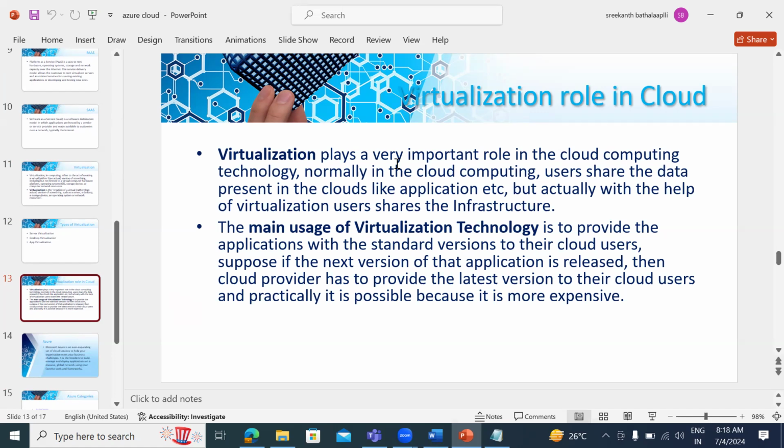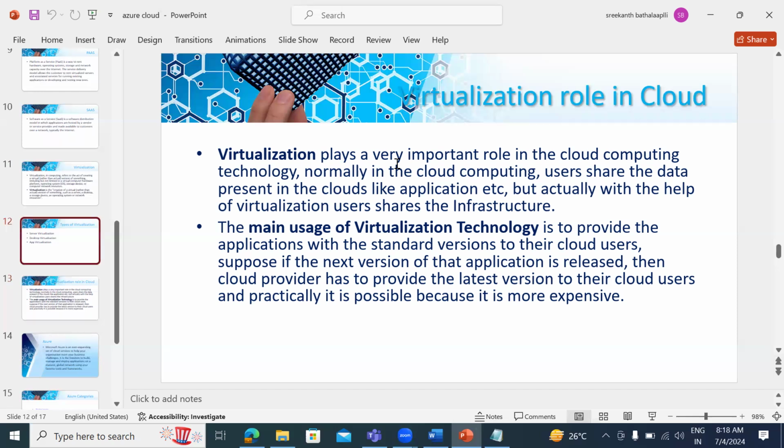Hence, any cloud, either private or public, will definitely use virtualization. Without virtualization, the data center size would be very big, and a lot of manpower, power consumption, and cooling would be required. That is the reason they definitely go for virtualization.